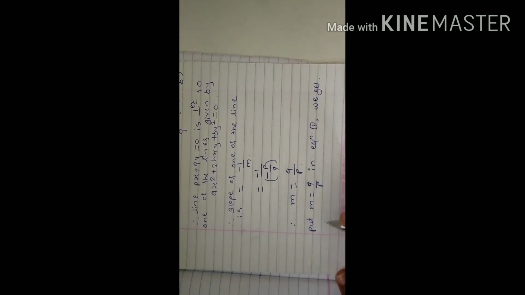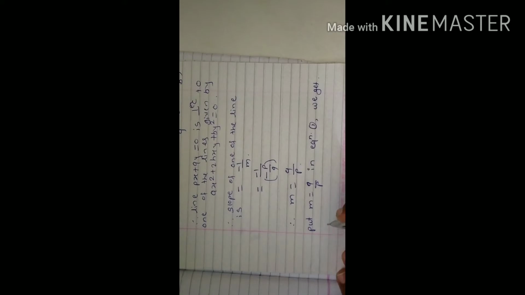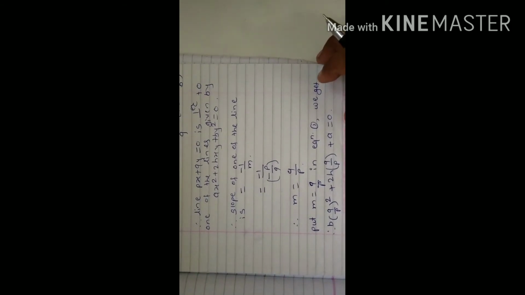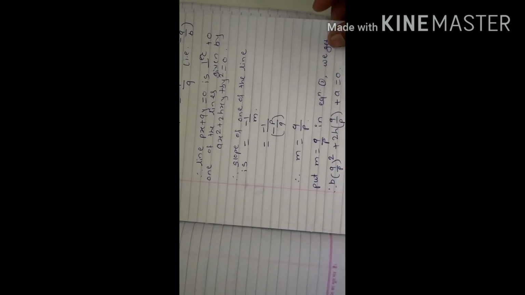We get the equation b into (q divided by p) square plus 2h into q divided by p plus a is equal to 0.